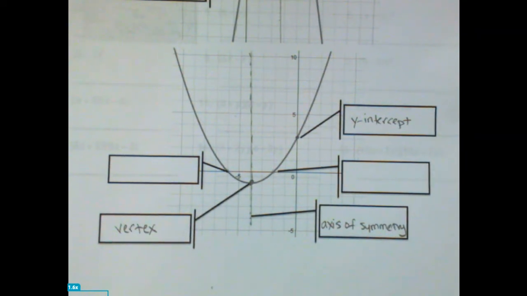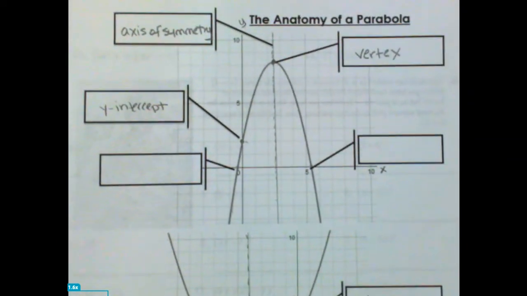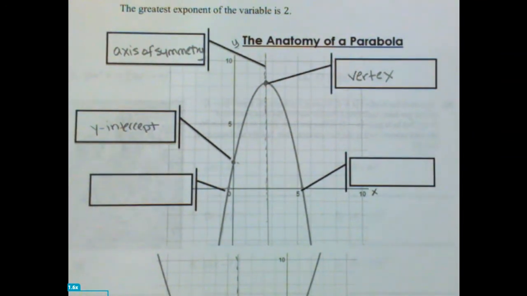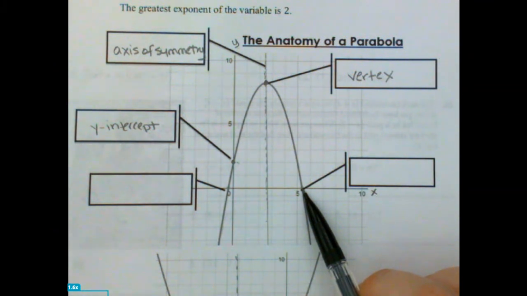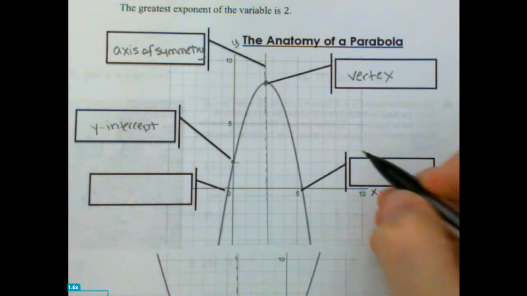Okay. And the last word is where the graph touches the x-axis. So in a parabola, this happens in two places, typically. Sometimes it happens in one, sometimes it happens in none. We'll talk about that. But the x-intercept is really important in parabolas, more than in lines. Okay, the x-intercepts have a lot of different meanings.